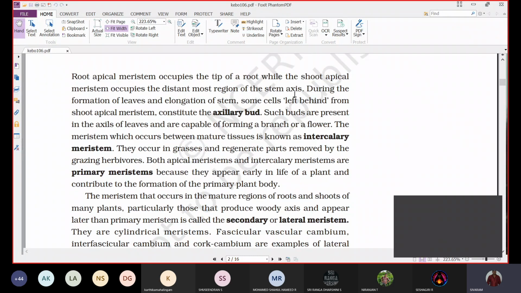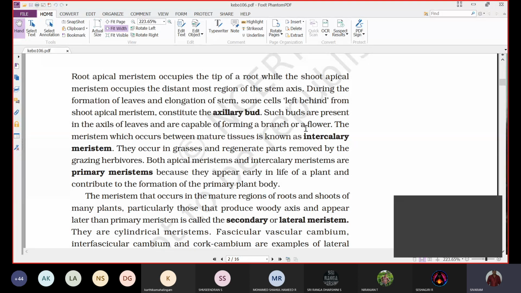And during the formation of leaves and elongation of the stem, some cells left behind from the shoot apical meristem constitute the axillary bud. Such buds are present in the axils of the leaf and are capable of forming a branch or a flower.